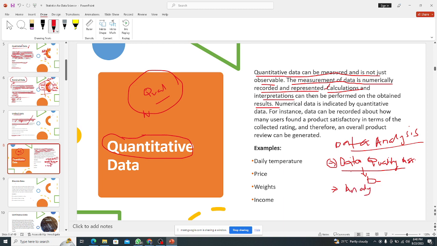Like for example, if you are an online product selling company, you might be experiencing customer churn or customer attrition.